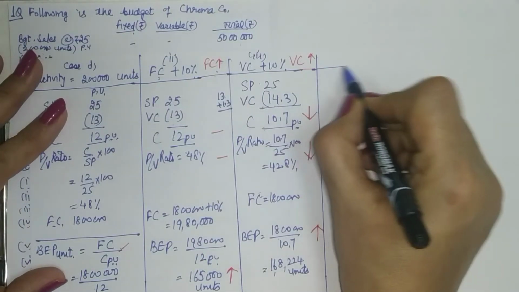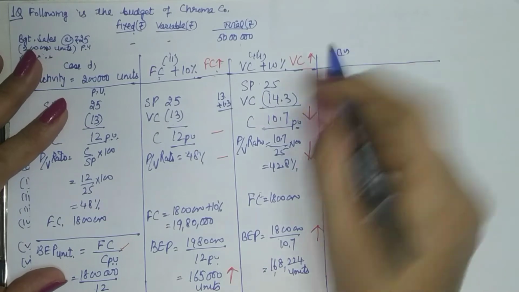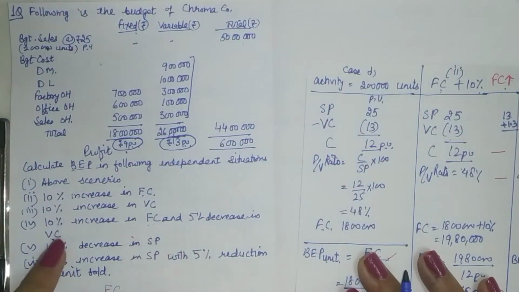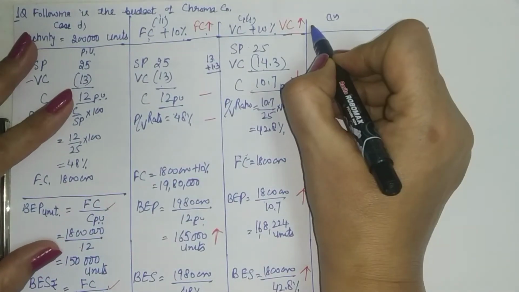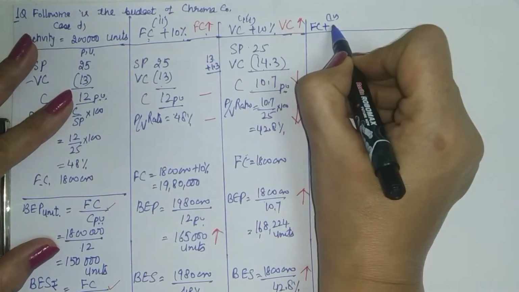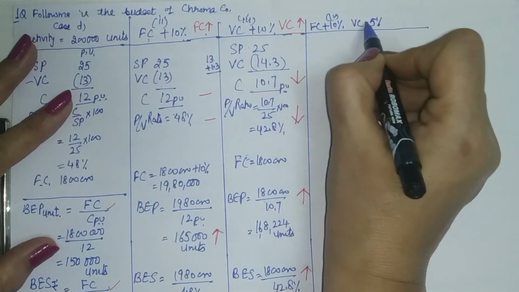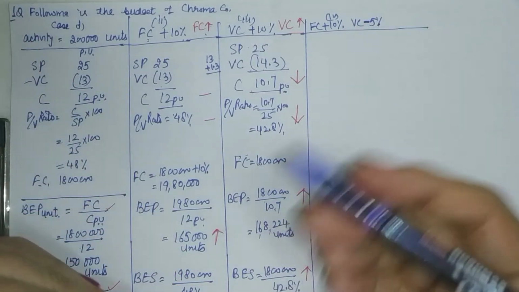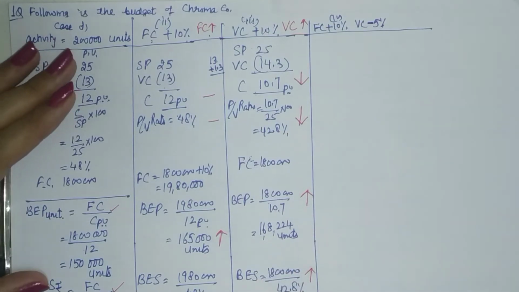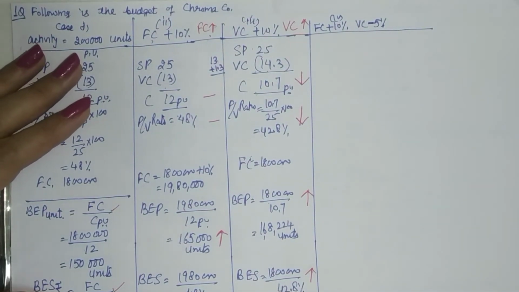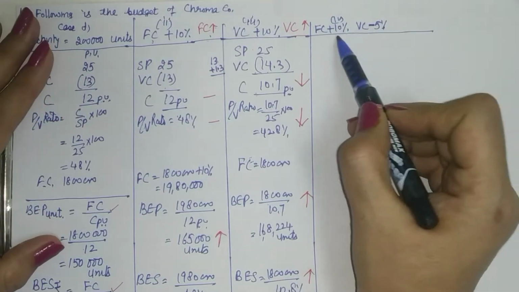Now next is the fourth scenario. Now there are two changes, an increase in the fixed cost and a decrease in the variable cost. So when one cost is increasing and the other reducing, we cannot definitely say that our break-even point will increase or reduce, that is whether it will deteriorate or improve, because we don't know the individual standing of these.